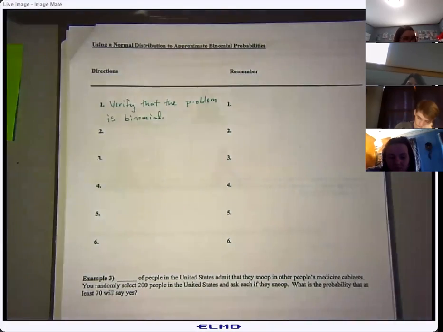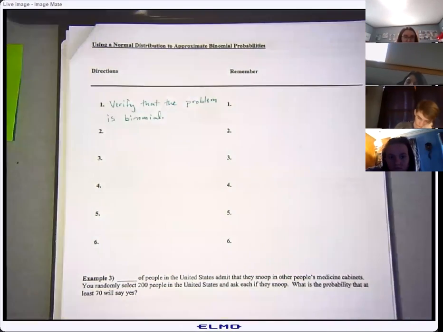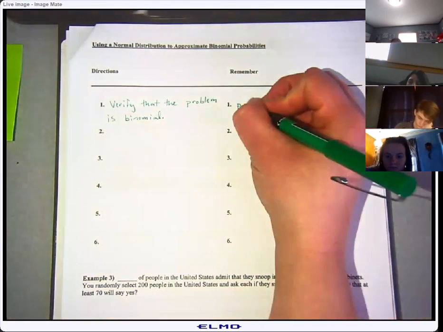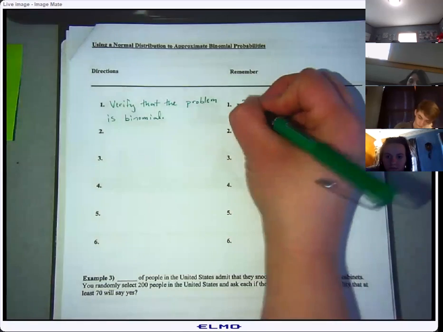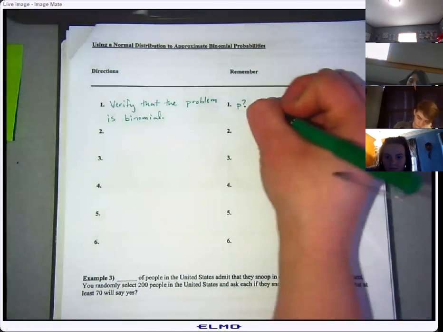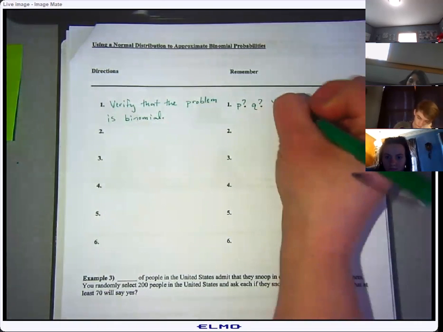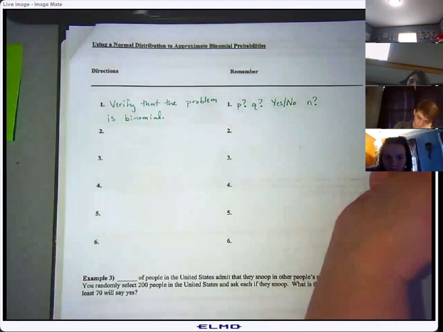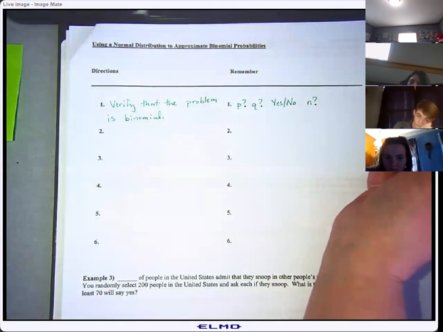Do you guys remember what we have to do to figure out something's binomial? We need to know if there's a P, a probability of success. What else do we need? A Q, probability of failure. It has to be a yes/no question. You need an N, because you need to know how many trials there are. So that's about it. You just need to check those things.